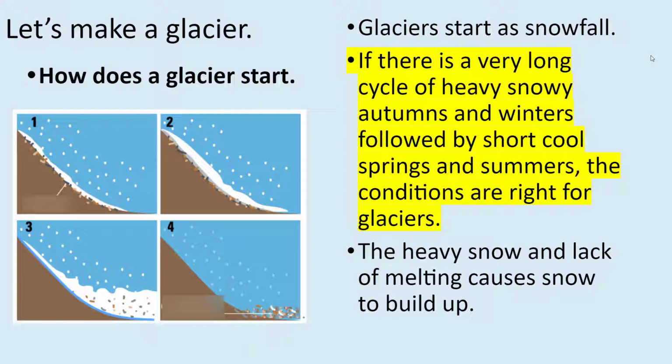It's just that the summers have to be cool enough and the winters have to be snowy enough that you have leftover snow that keeps piling up over years and years. The heavy snow and lack of melting causes this buildup to happen, and if it keeps happening year after year after year, you can end up forming massive glaciers. And we've actually seen that happen in the past over and over again on planet Earth.